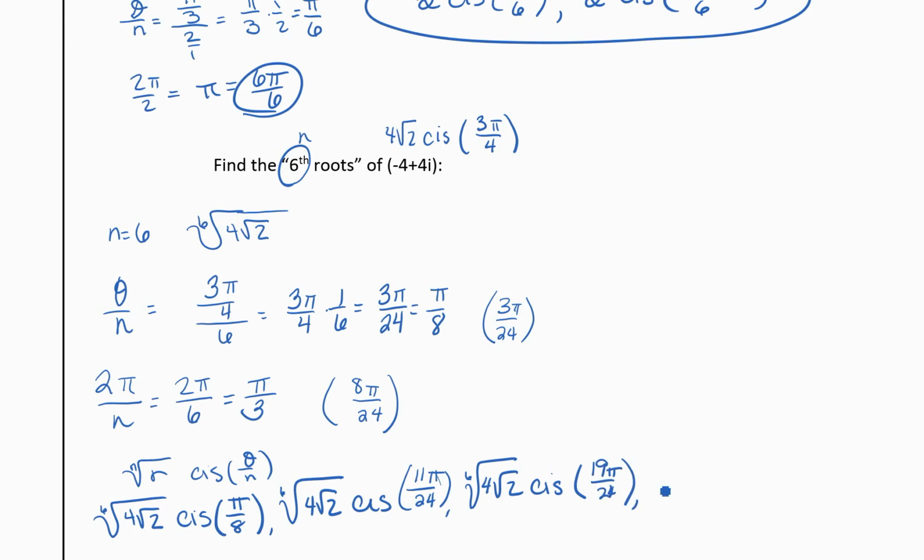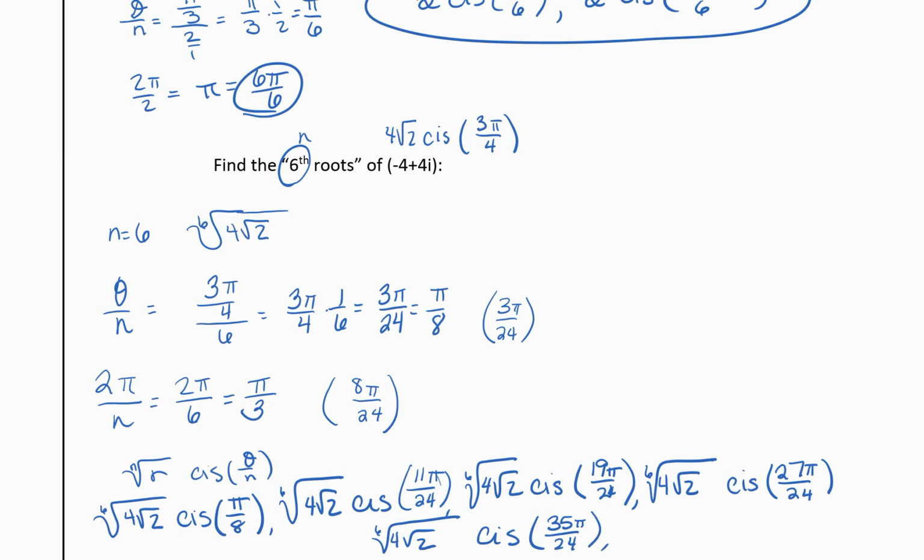So that gives us 3. Now our fourth one, it'll be cis. We'll add another 8 pi over 24, so that'll give us 27 pi over 24. So that's 4. Our fifth one, we'll add another 8 pi over 24, so that'll give us 35 pi over 24.